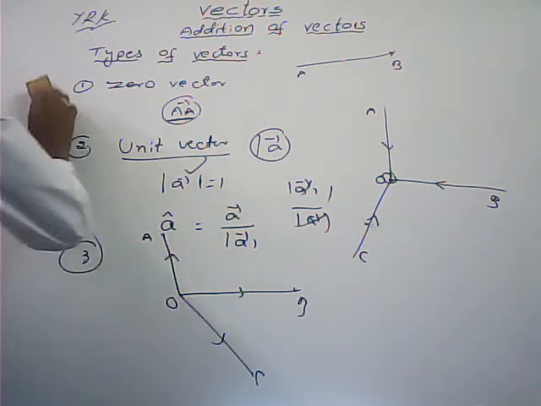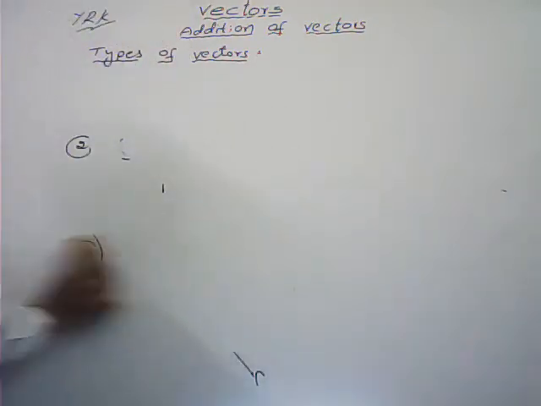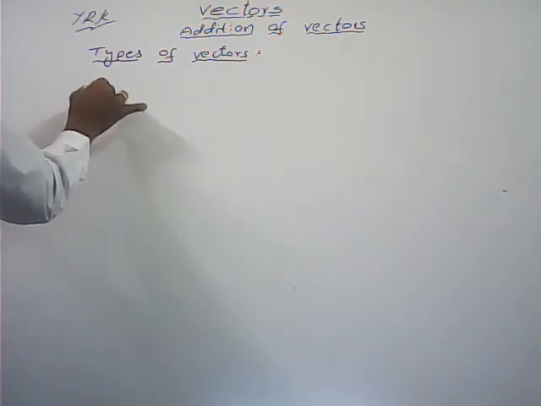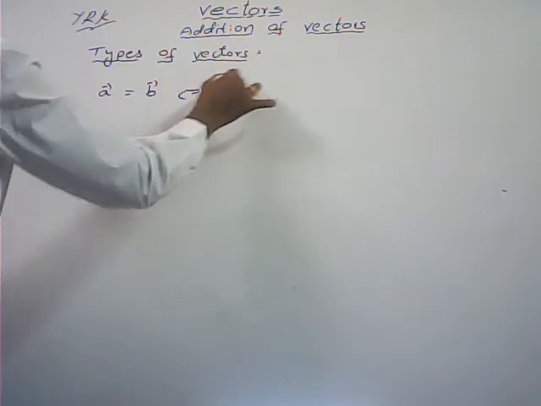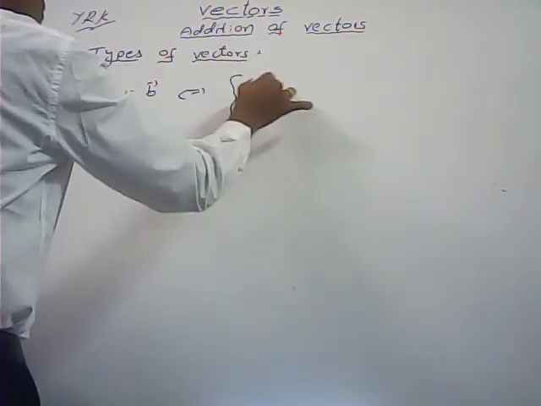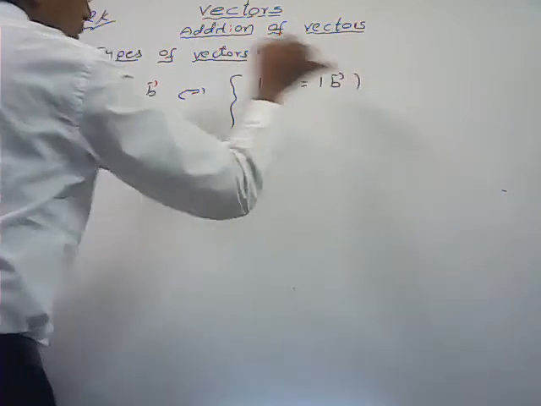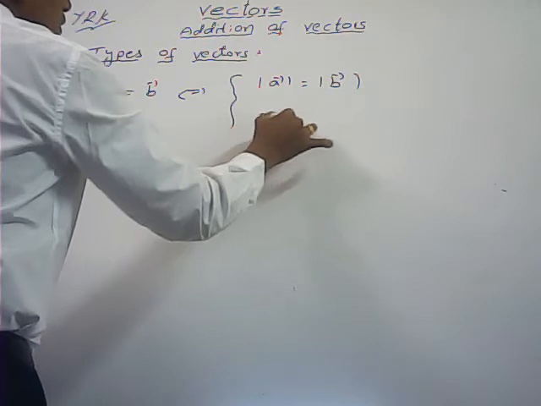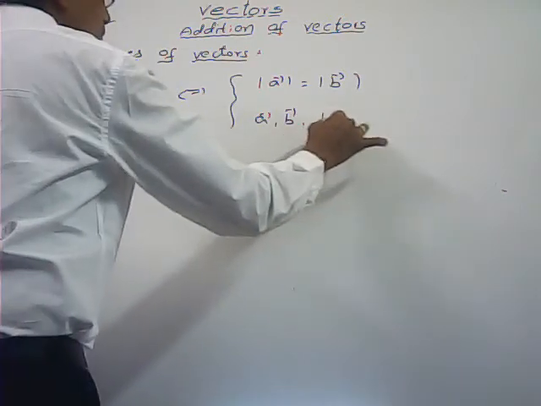Next, equal vectors. What about the equal vectors? Two vectors a bar, b bar are said to be equal if and only if their magnitudes are equal, modulus of a bar equals modulus of b bar, and one more thing, a bar, b bar have the same direction.